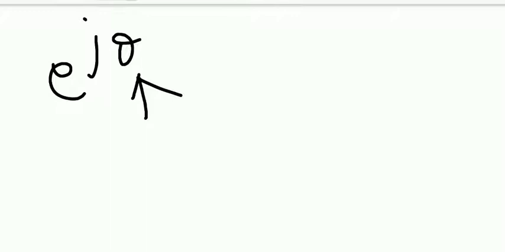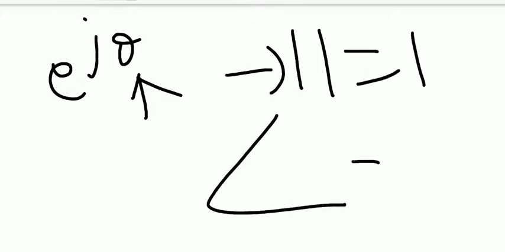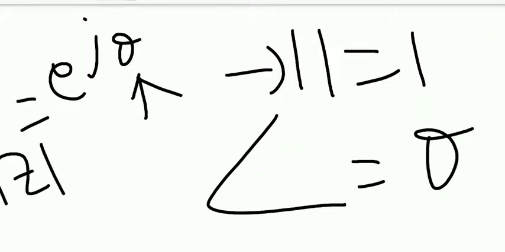The magnitude of e power j theta is 1 and the phase is theta. If theta is equal to omega, that becomes z, so z is equal to e power j omega. The magnitude of z is 1 and the phase of z is omega. This is what we found.